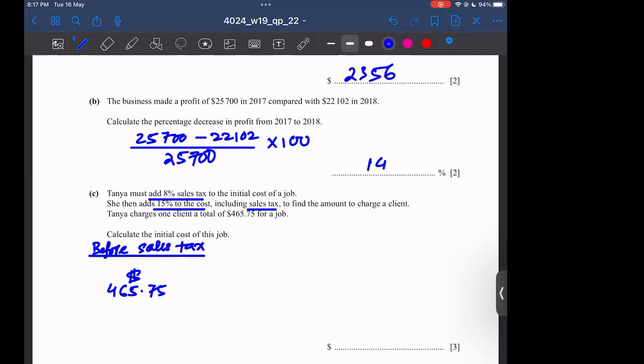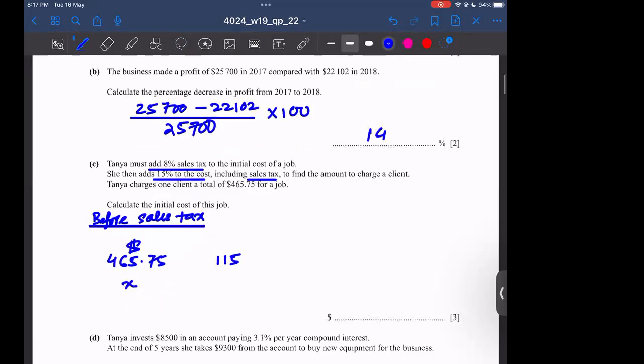After sales tax, we have this amount, and it is going to be called 115%. Before sales tax, I don't know the amount, that is going to be 100%. So I'm going to cross multiply: 100 into 465.75 divided by 115. I get the 405 value. Now this is the amount before sales tax.